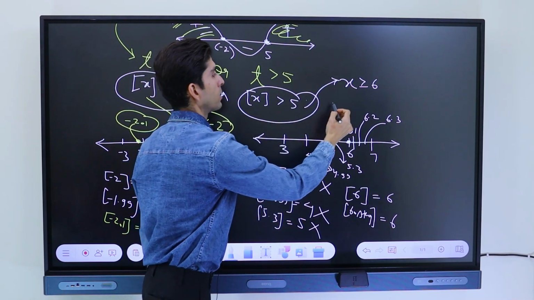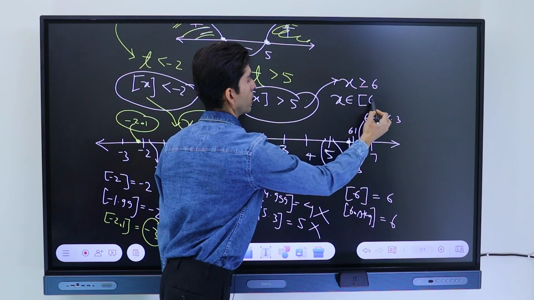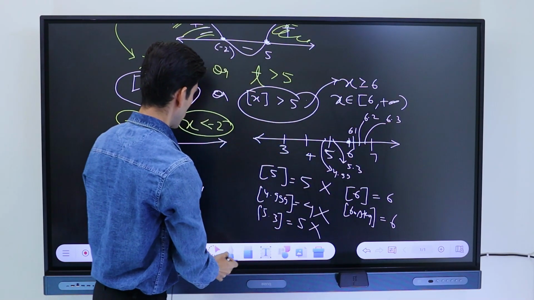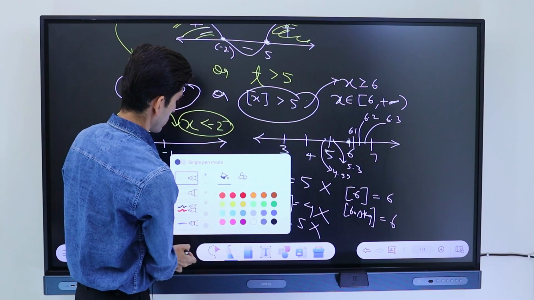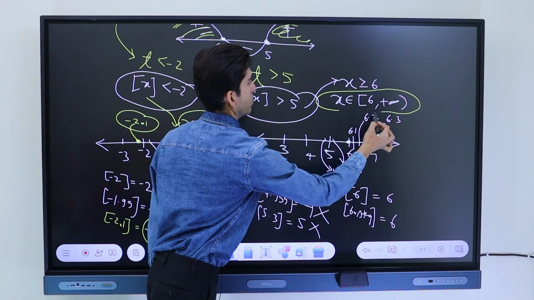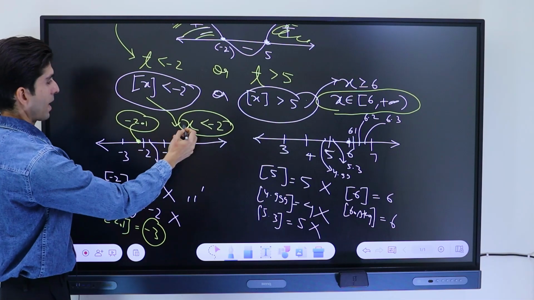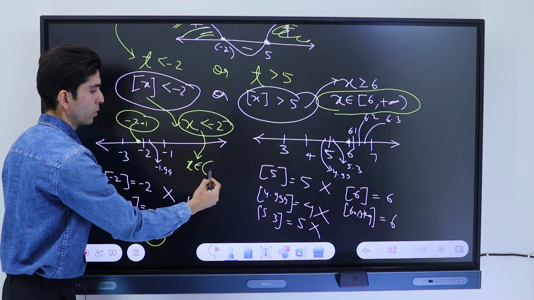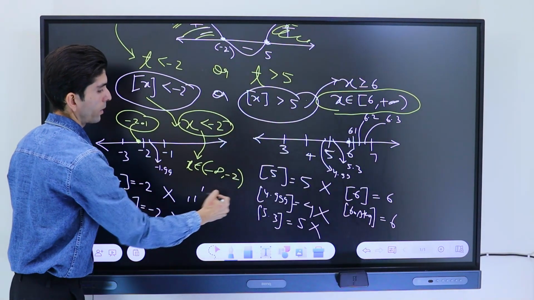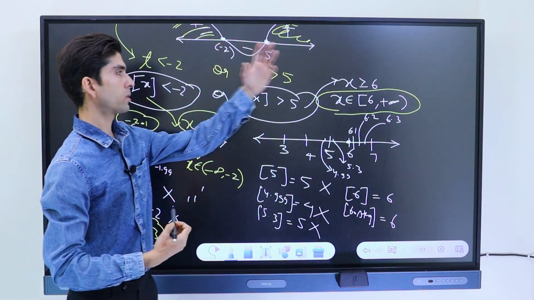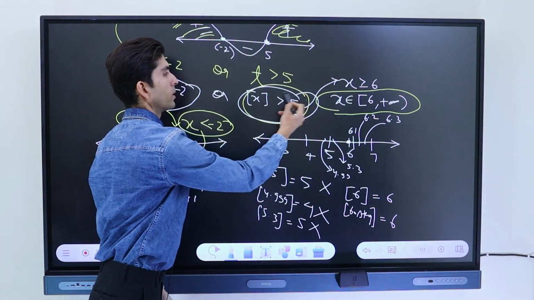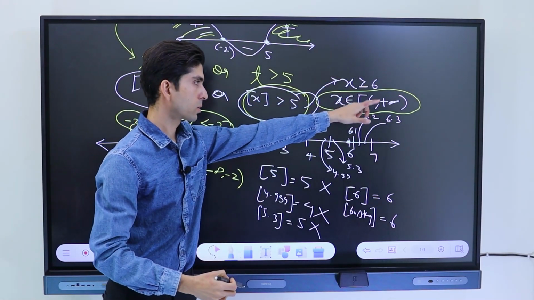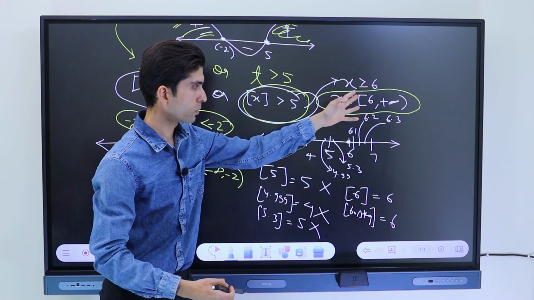In interval form, we get x belonging to [6, positive infinity). So we have x less than -2, which in interval form is x belonging to (minus infinity, -2), and this inequality is giving us 6 till positive infinity with a closed 6.